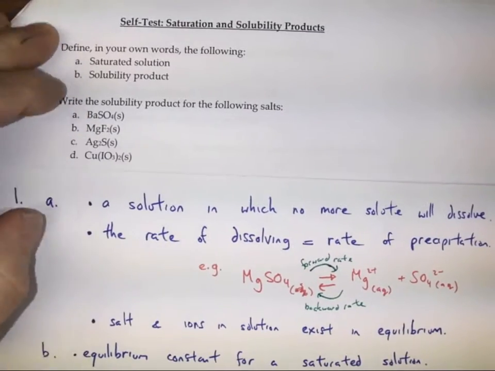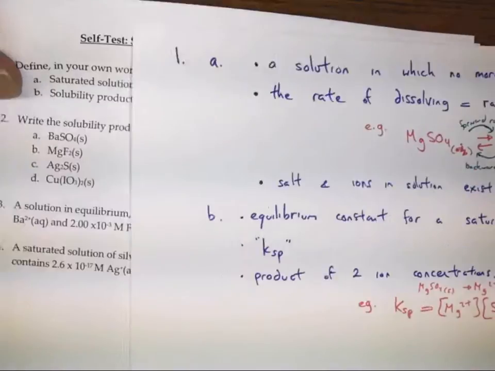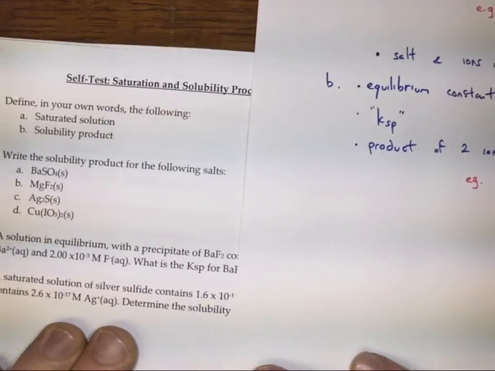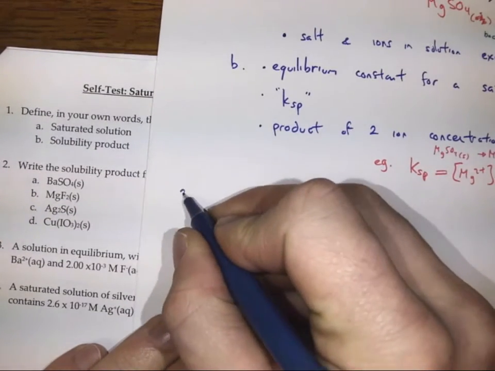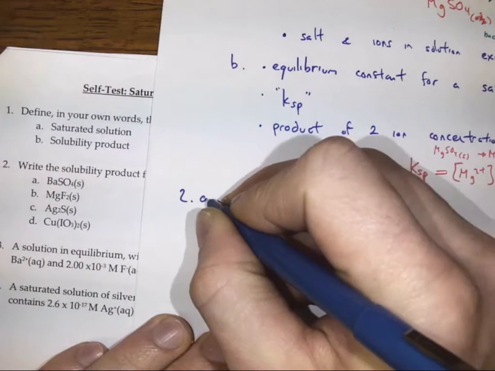Question 2 is some fundamental practice. You're not going to get very far if we have trouble writing the solubility product for a typical salt. So we're going to start with question 2a, with a dissociation reaction.